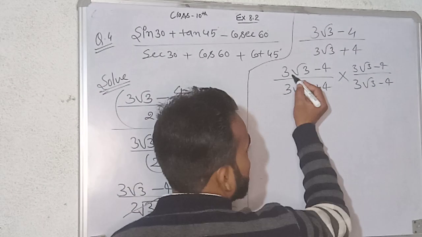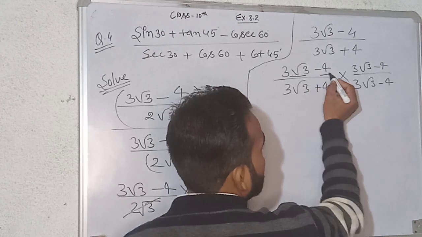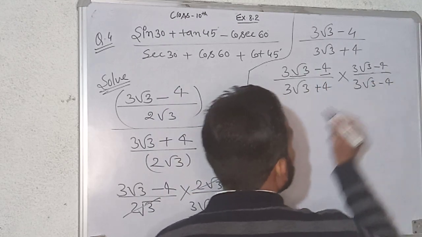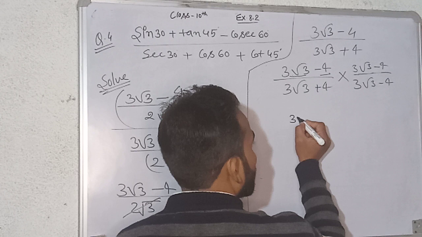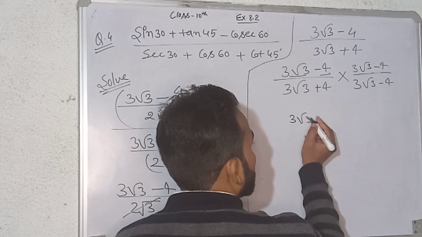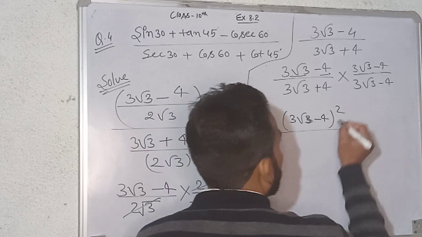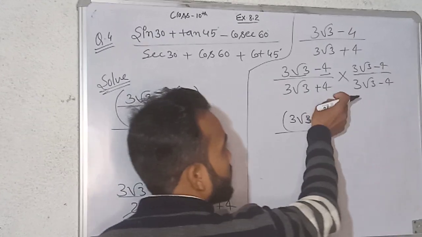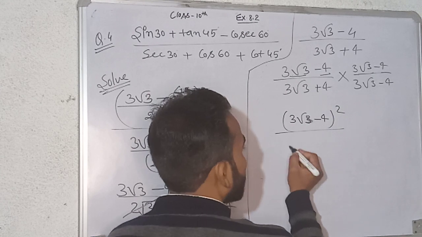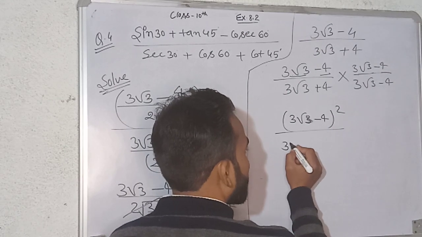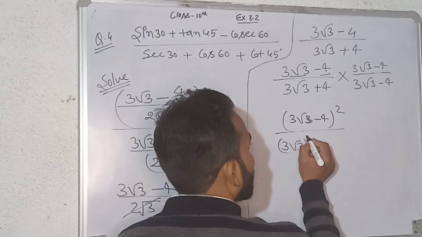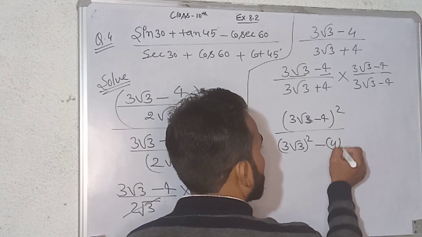Here it is a minus b and a minus b, so it will be 3 root 3 minus 4 whole square upon a plus b into a minus b, which is a square minus b square, that means 3 root 3 whole square minus 4 square.